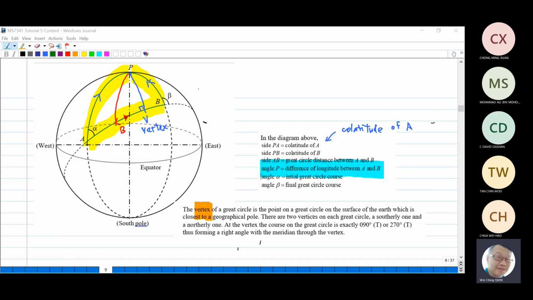So I have the diagram of the Earth here, the equator that passes through. You can see the track here from A to B. I use a yellow color, from A to B, right? So let me erase the color first, so that you see everything, A to B first.